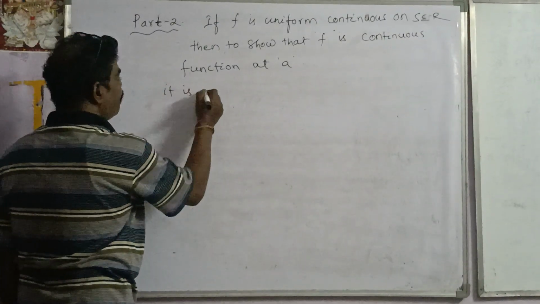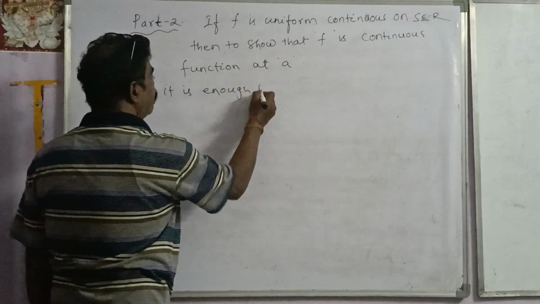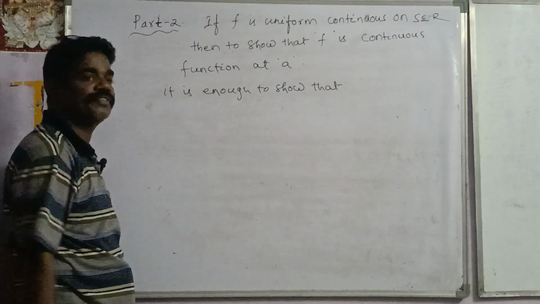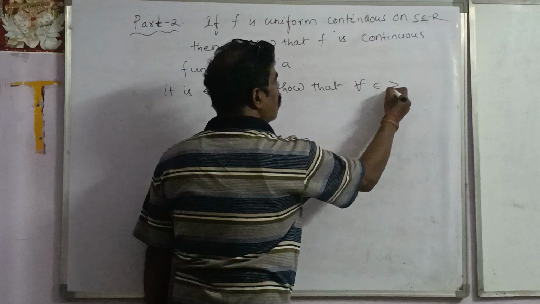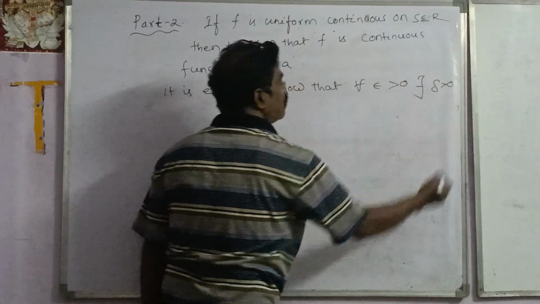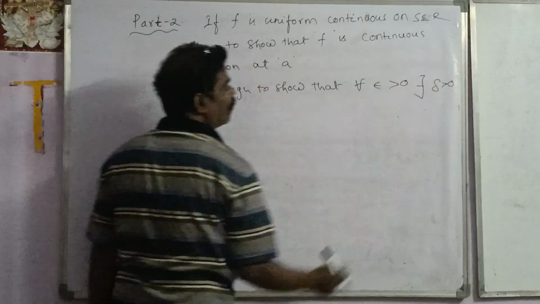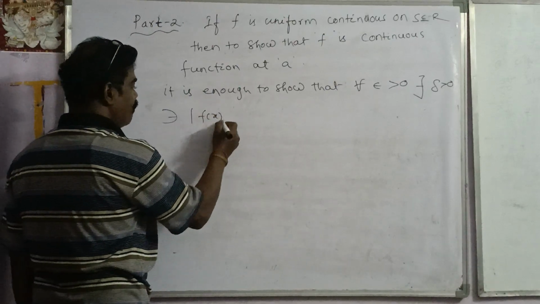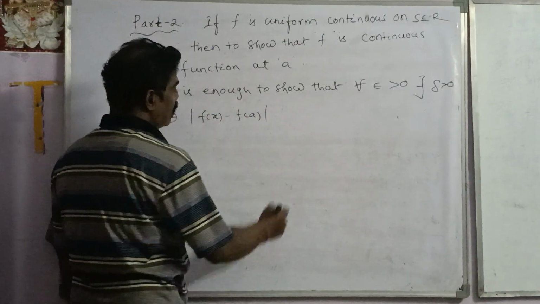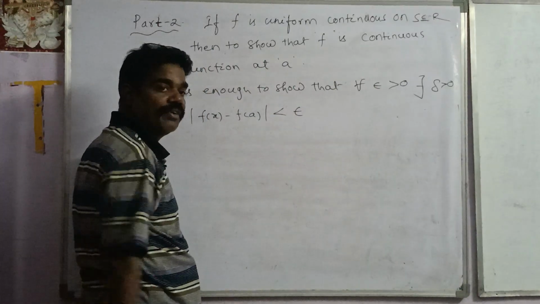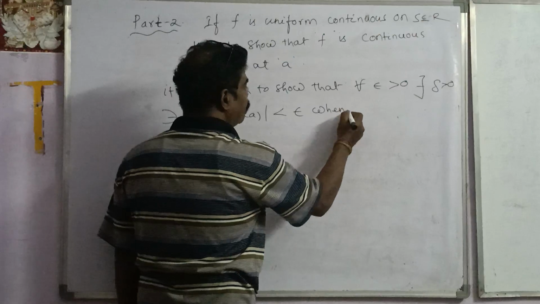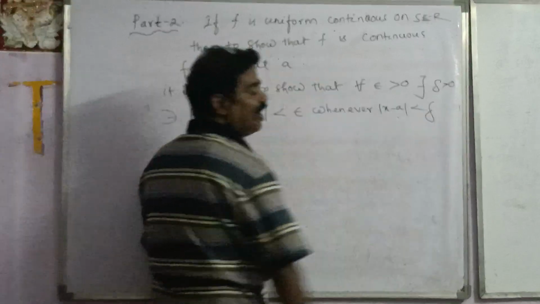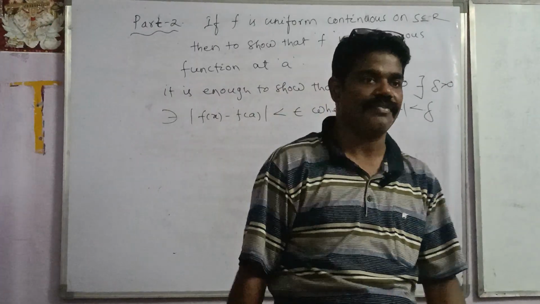It is enough to show that for all epsilon greater than 0 there exists delta greater than 0 such that |f(x) - f(a)| < epsilon whenever |x - a| < delta. Right or not? Okay, fine.